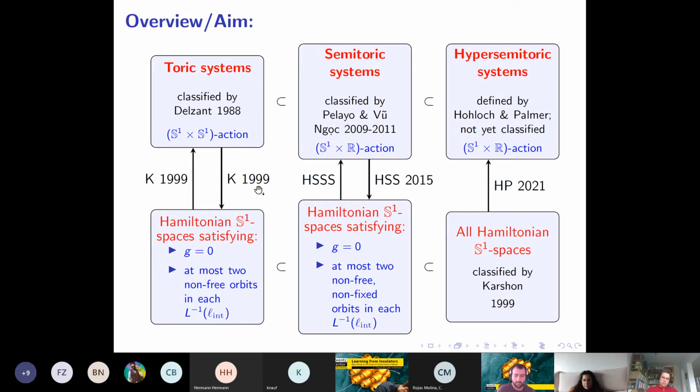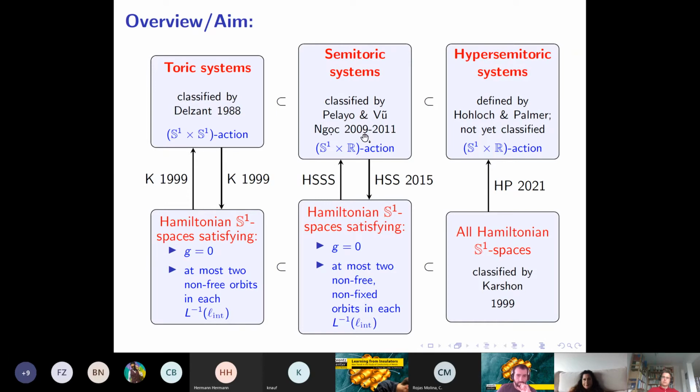And a little bit later, there came the question, can you do it more generally? But the very moment you leave this nice toric world, it gets much more complicated. And the easiest of the more complicated systems I think of, and in dimension 2 you could consider, was this class of so-called semitoric systems defined by Pelayo and Vu Ngoc.